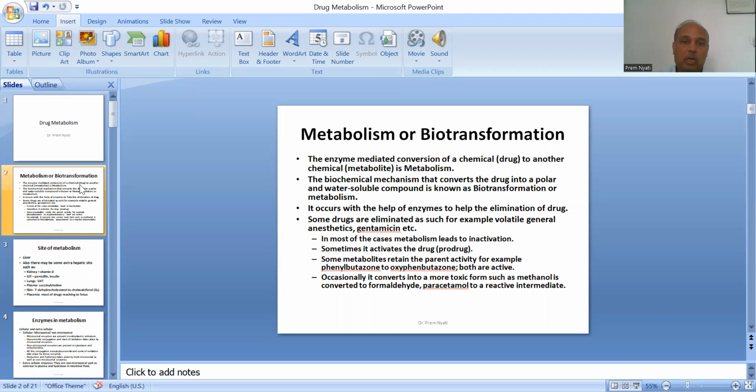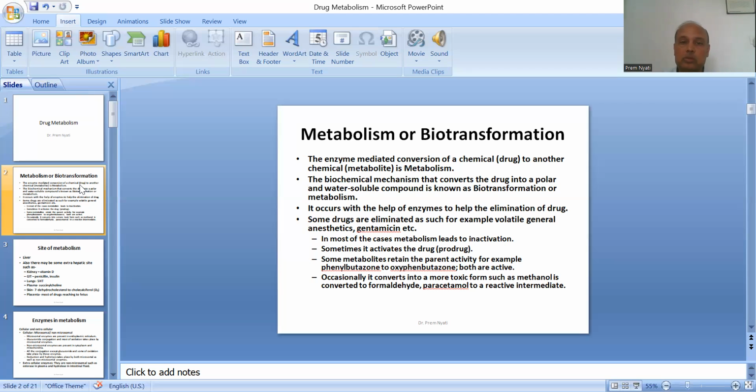So the removal of the drug from the body is drug excretion or drug elimination. Now, many times it is difficult to remove the drug in the same form as it has been absorbed. So we need some changes in the drug form. These changes are known as biotransformation or metabolism.